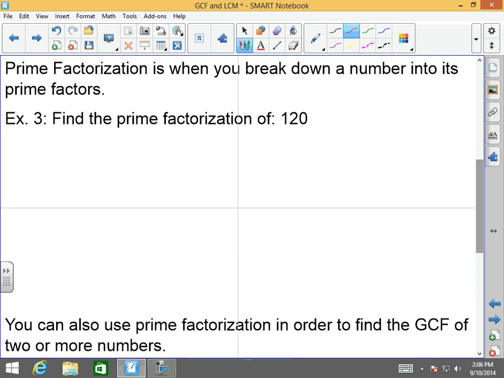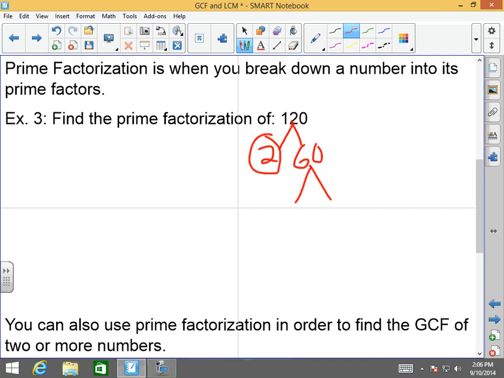The good news, you can start anywhere you want. Let's start with 2 times 60. Every time you break down a number, circle the prime number. Are either one of those prime? Yes, which one is prime? The 2. So circle it.